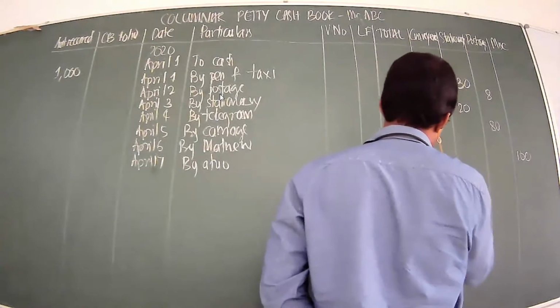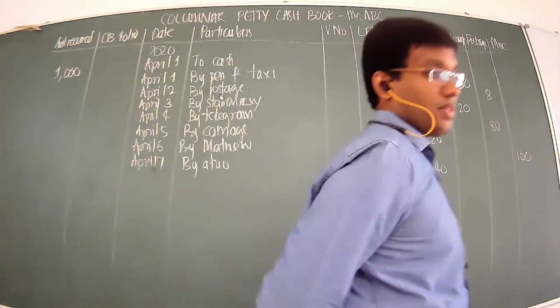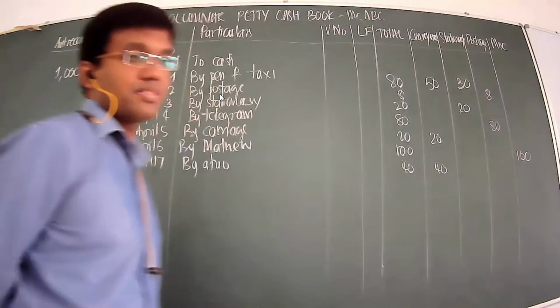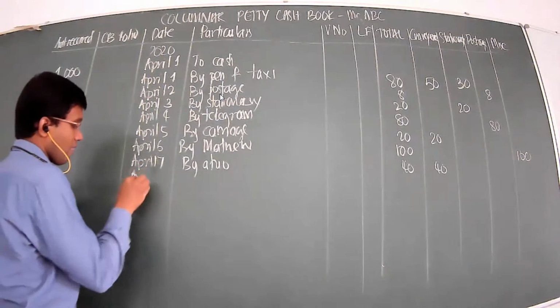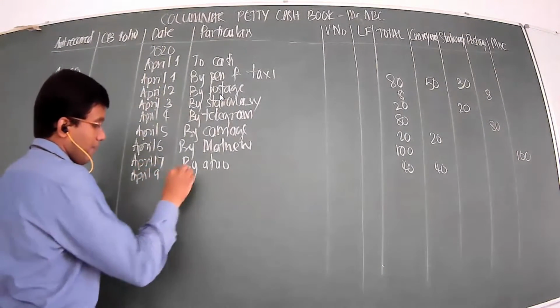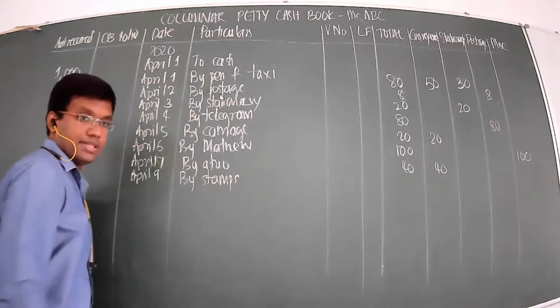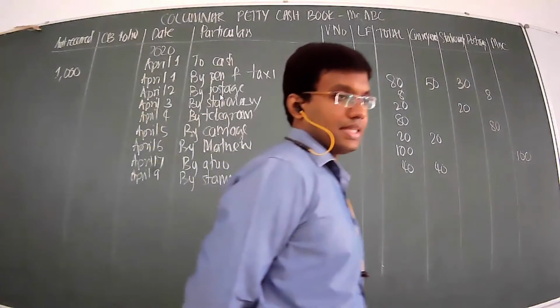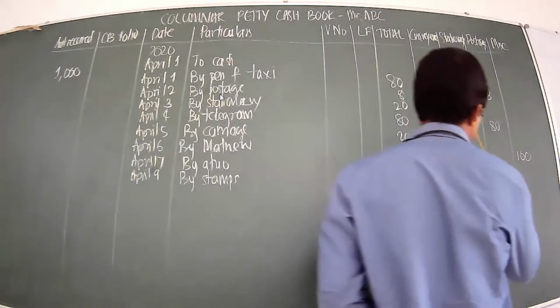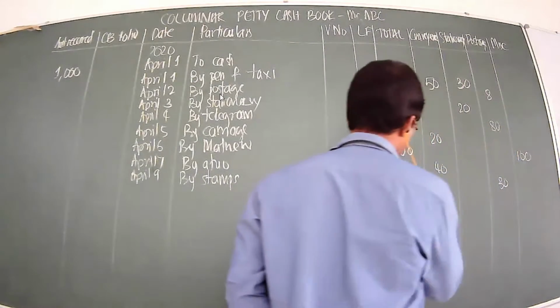So that will come under conveyance. Next, bought stamps. April 9th, buy stamps, and the amount is 30. So that will fall under postage.